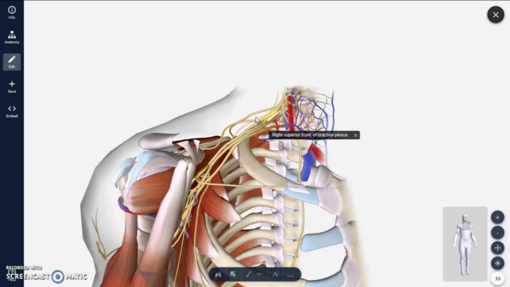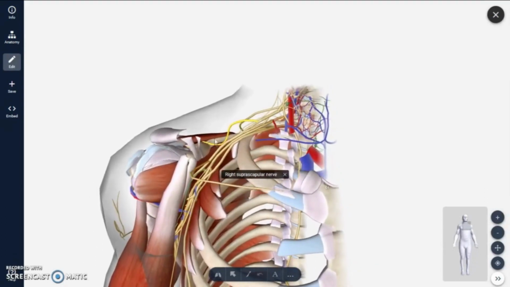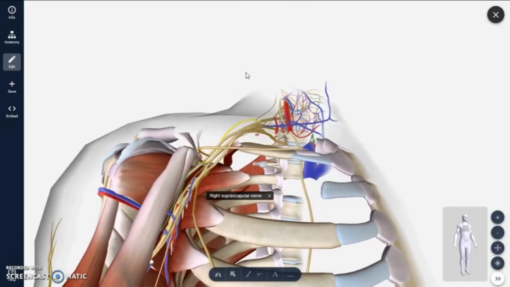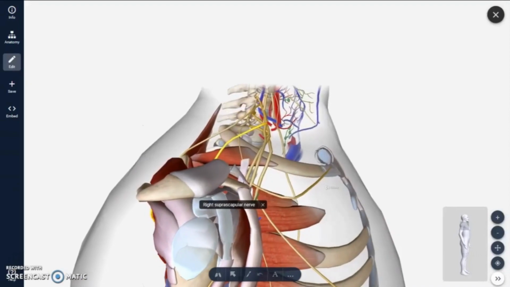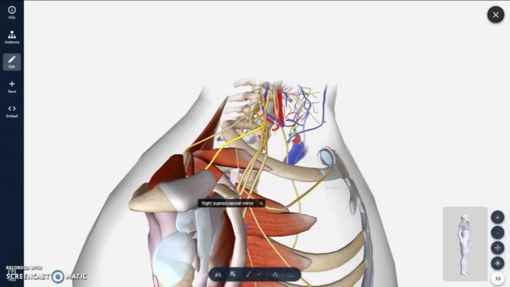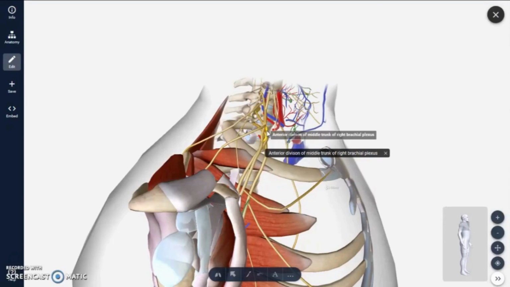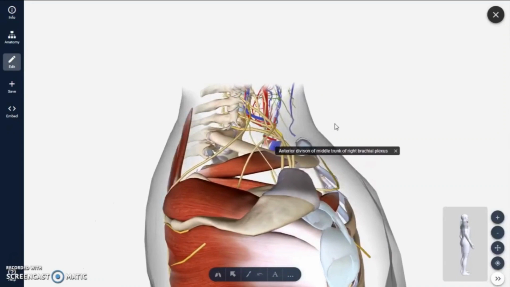This upper trunk again got divided into 2 branches, such as 2 divisions. Anterior division. So here the divisions are not that clear.